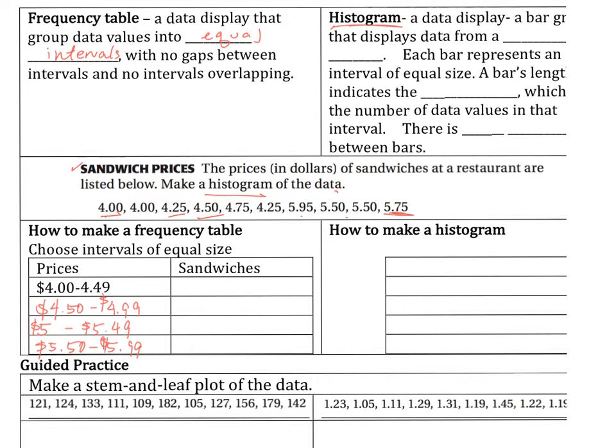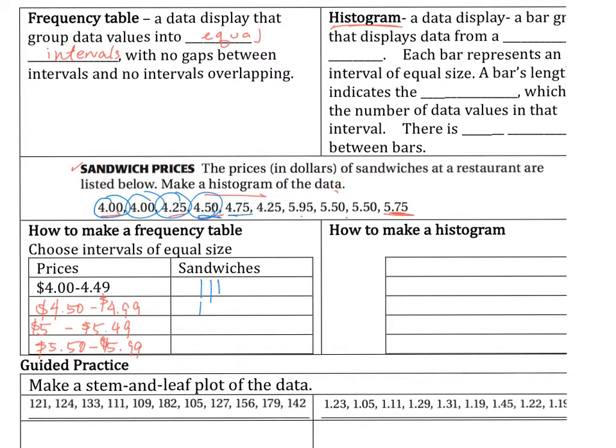So let's start tallying these up. For prices that are between $4 and $4.49, I see I have $4 here, one tally, $4 again, another tally, $4.25, tally again. $4.50 is above $4.49, so I need to put it in the next row. So that's done with.